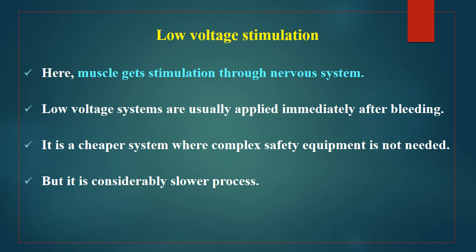It is a cheaper system where complex safety equipment is not required because the voltage is low, around 75 to 100 volts, so it does not need much safety arrangement, so the equipment is cheaper, but it is a considerably slow process. Because it is a low voltage, it is a slow process, whereas in case of high voltage it is very effective and very quick.